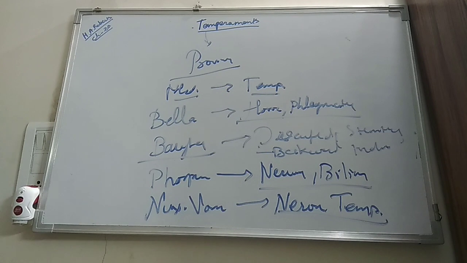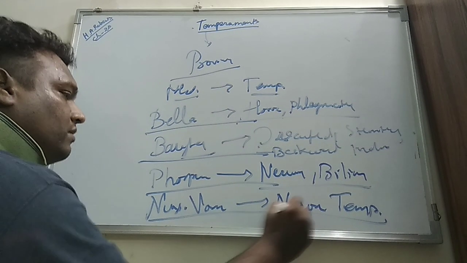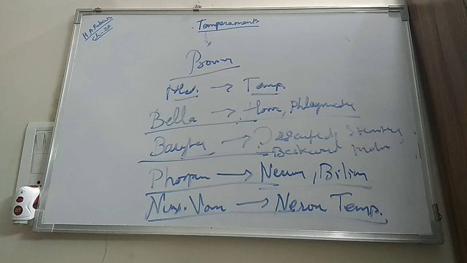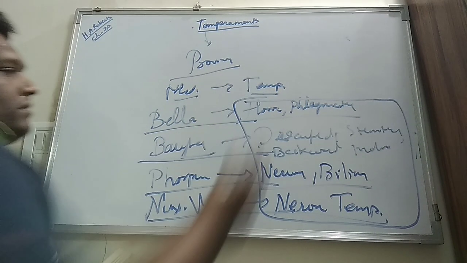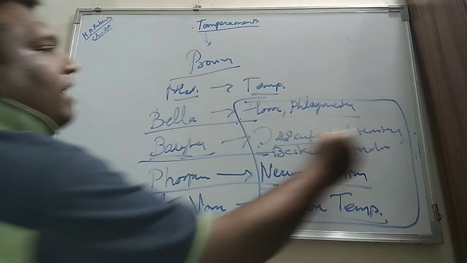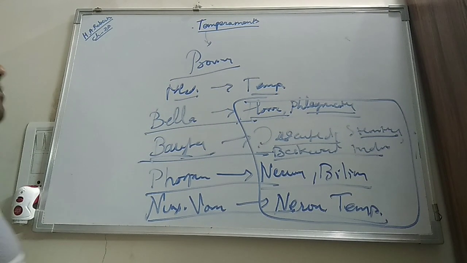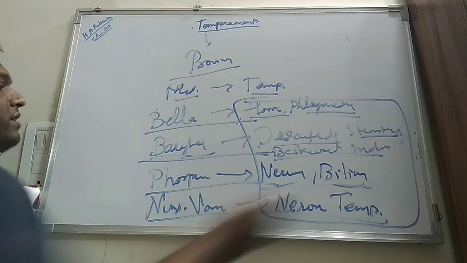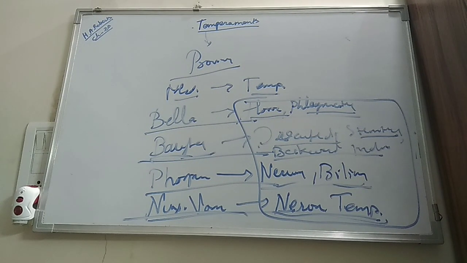Now, if we see the symptom similarity and proving, in this case, provides direct relation of a medicine to a temperamental state. Means a person that is born with these characteristics. Baryta carb, dwarf, stunted and backward individual, phlegmatic in case of belladonna, nervous and bilious in case of phosphorus, and nervous temperament in case of nux vomica.